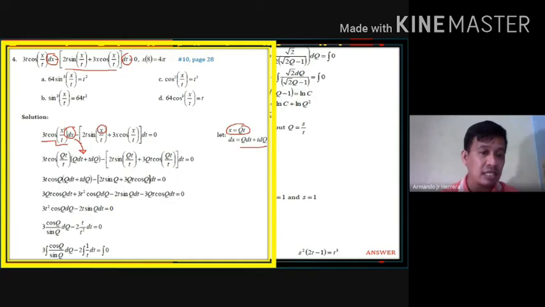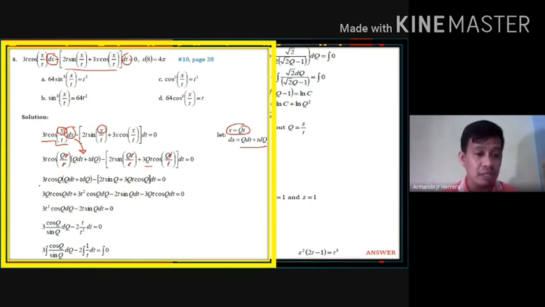Same lang dun sa sinubstitute natin dito sa x na qt. And then plus 3x, that's 3qt cosine of x which is qt over t dt is equal to 0. So as you can see, yung t cancels out with t, yung t cancels out with t, yung t cancels out with t. So na-eliminate na natin yung nagpa-komplika ng given.